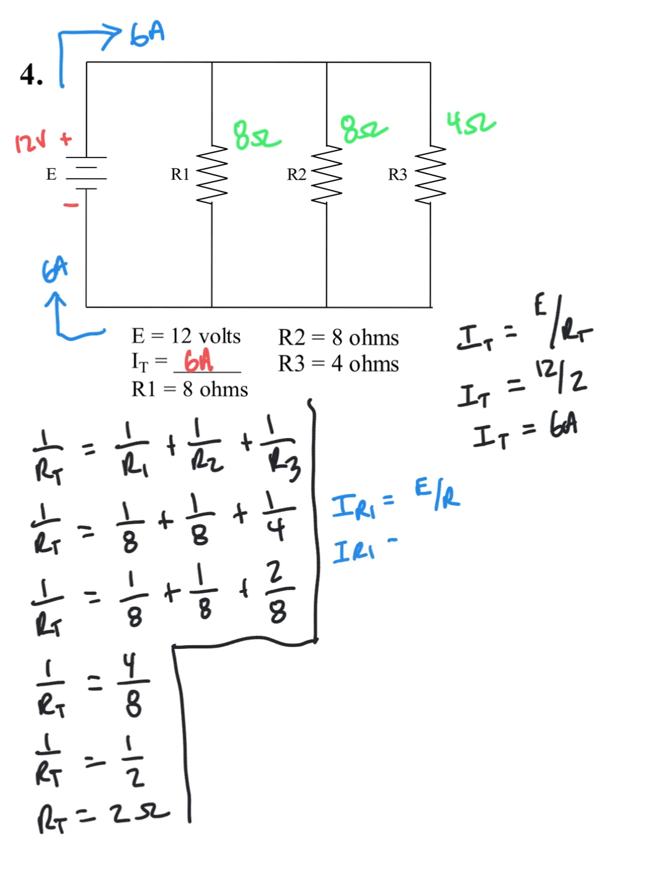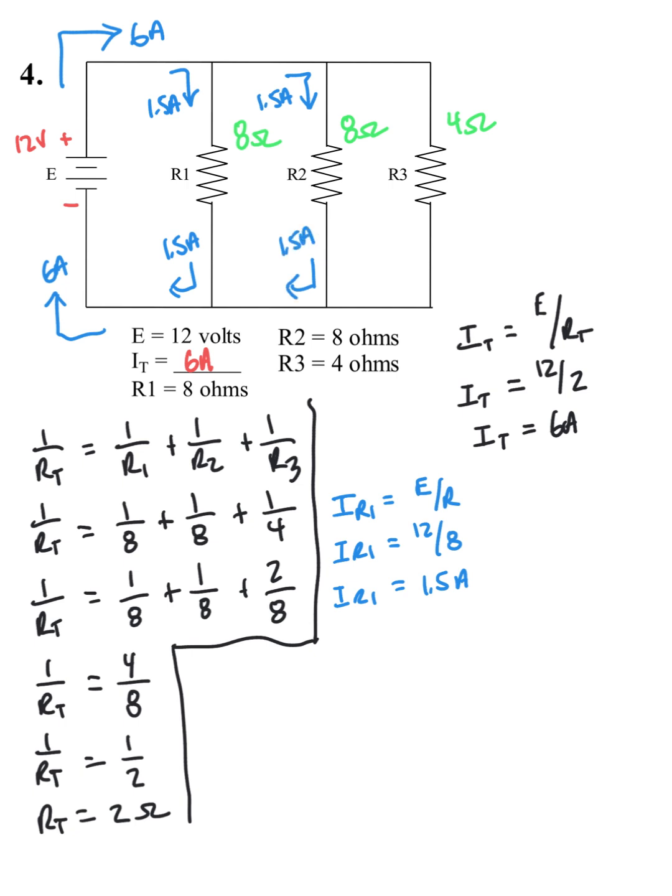So IR1 is going to be 12 divided by 8. And that's going to be what? 1.5 amps. So we know coming through this guy, 1.5 amps, and then here, 1.5 amps, and then here, 1.5 amps.